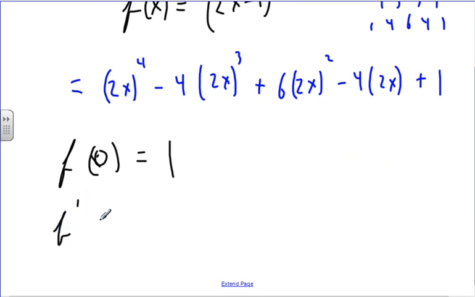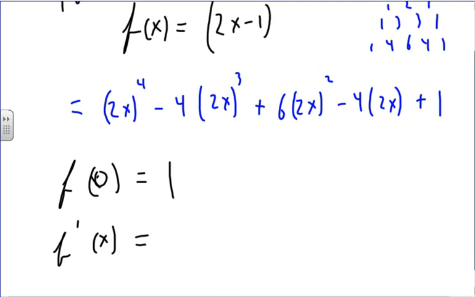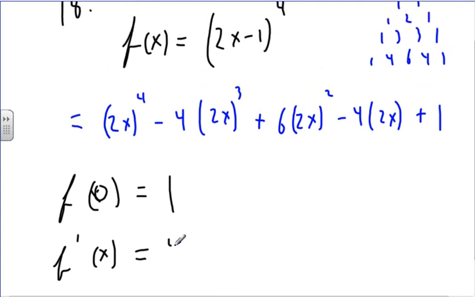F prime of x. Okay, so I'm going to go, the 4 goes out in front, 2x minus 1 cubed times the derivative of the inside, 2x.